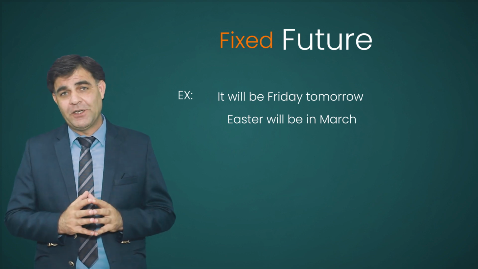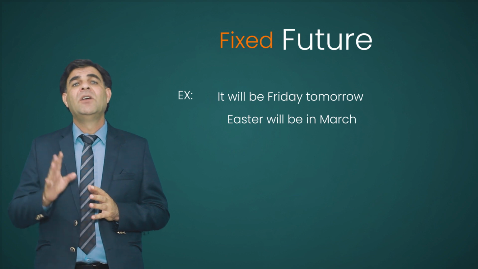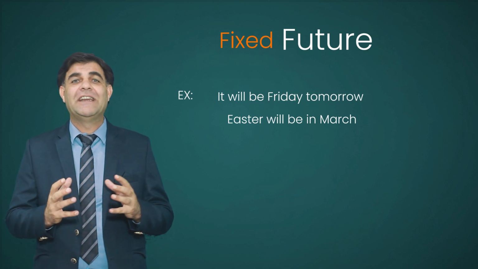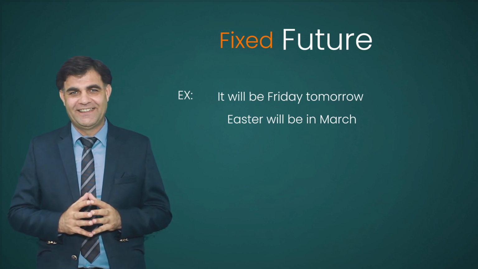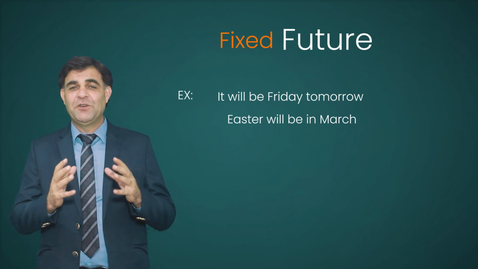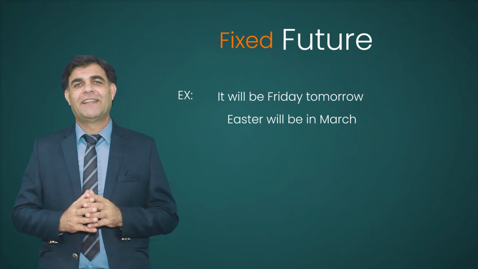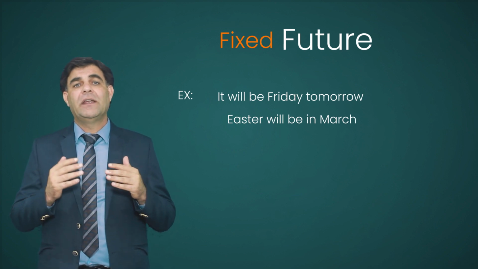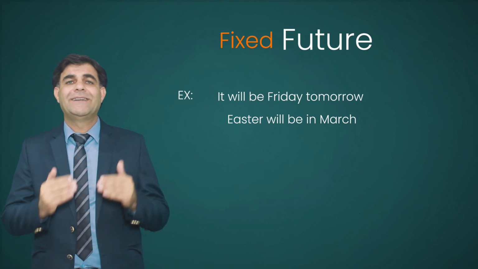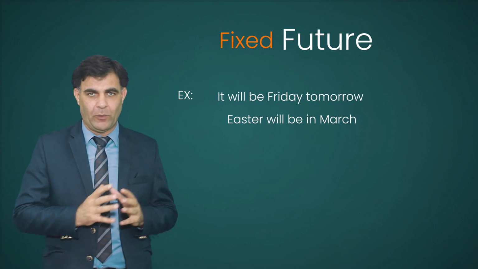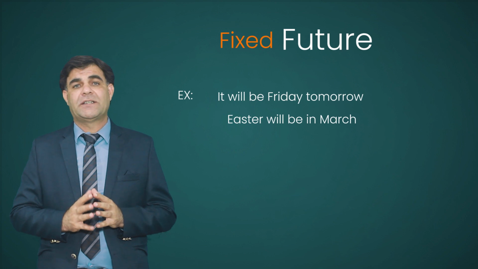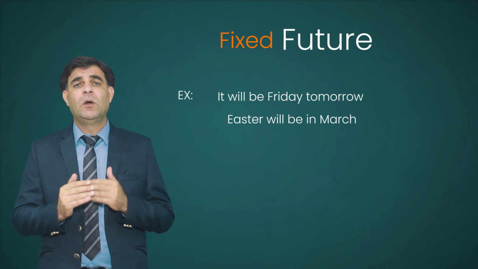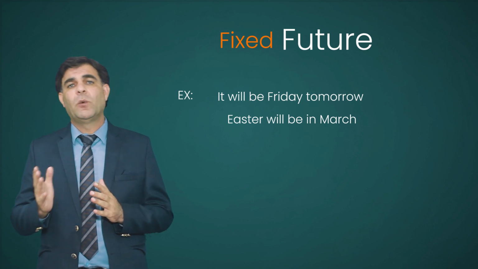So in this video, I have explained 4 types of future related sentences, future related ways that how can we describe future in 4 different ways in English language. Don't focus yourself only in will go, will play, will write, will do.